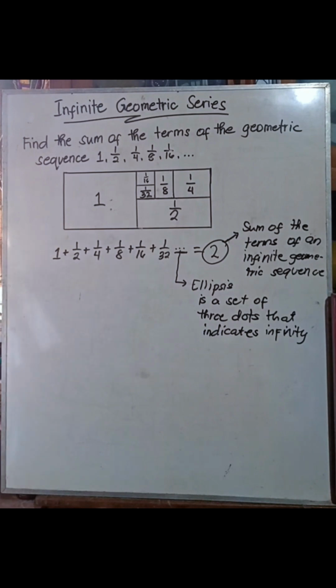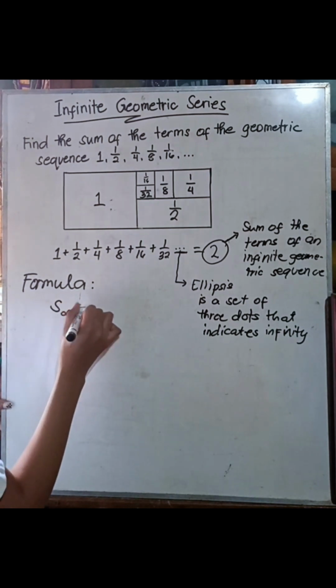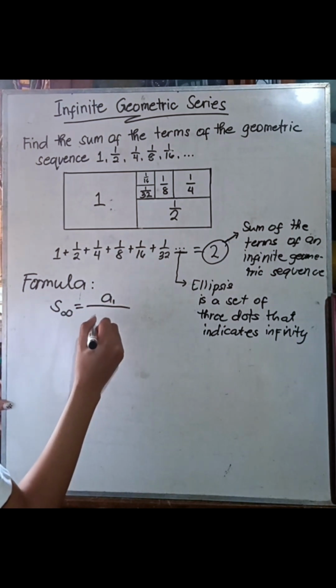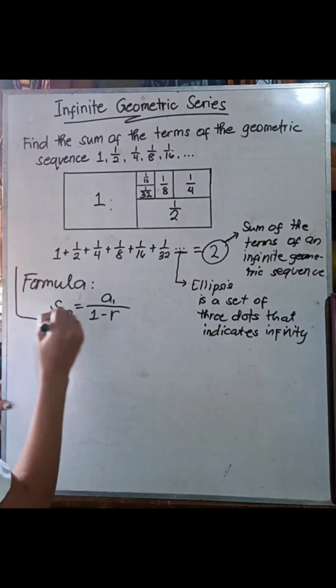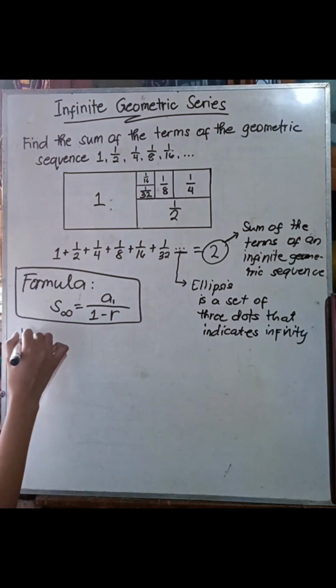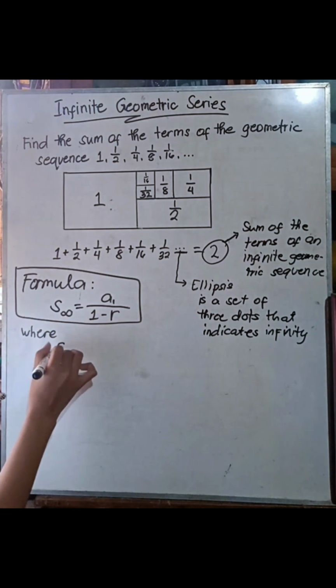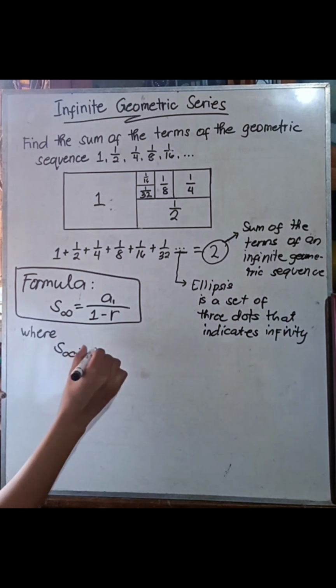Based from this example, we can have the formula, which is S sub infinity is equals to a sub 1 over 1 minus r, where S sub infinity is equals to sum of infinity.